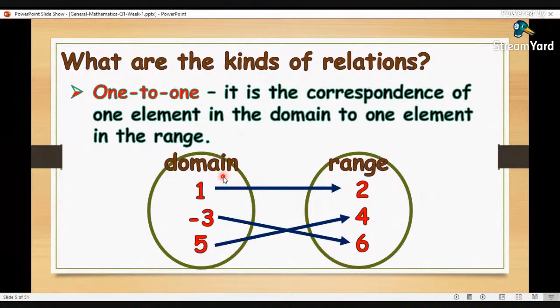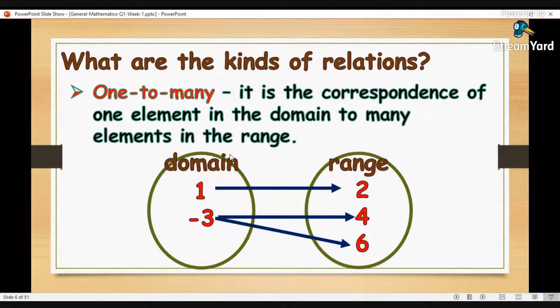The domain has values 1, -3, 5. 1 corresponds to 2 in the range, -3 corresponds to 6, and 5 corresponds to 4. As you can see, each element in the domain corresponds to one element in the range. That is what we call a one-to-one relationship.